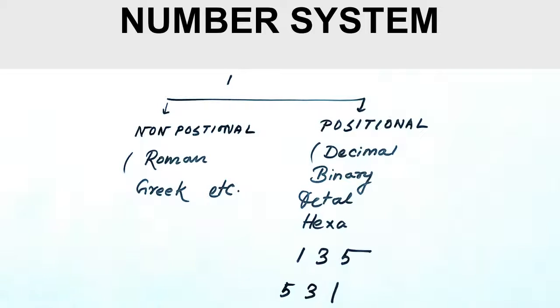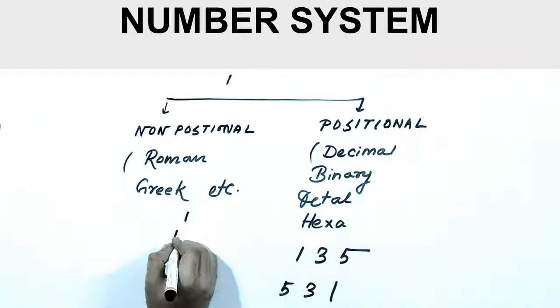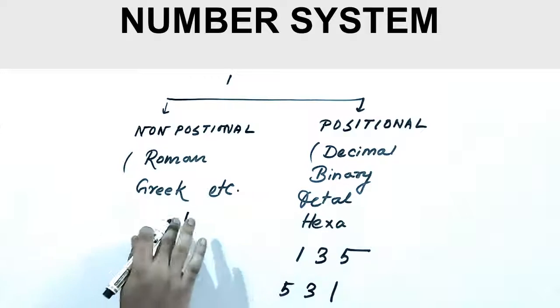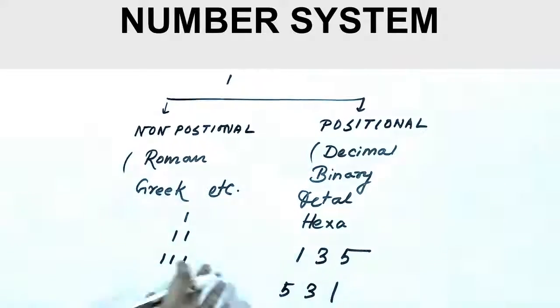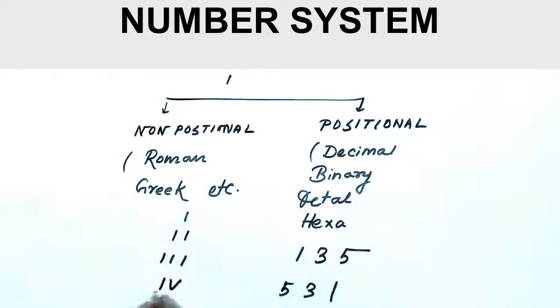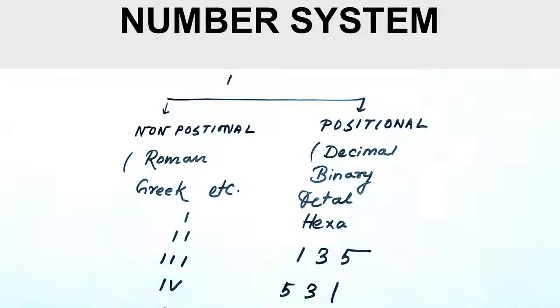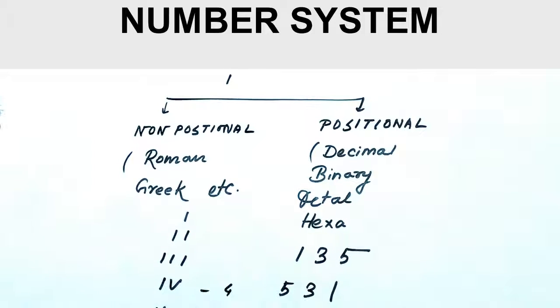The weightage of the number will always remain the same. Suppose 1, 2 and 3. Here everything is 1, 1, 1. So if you write 1 here, or write 1 here, the weightage of 1 will remain 1. Value will differ. Suppose this is 4 and this is 6, in decimal.